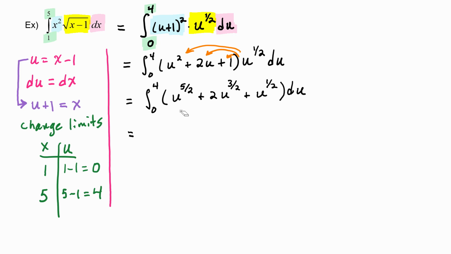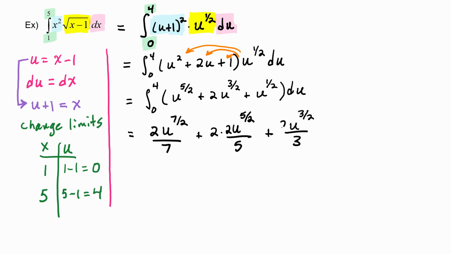So integrating u to the 5/2 du, we're going to get u to the 7/2 over 7/2, which is multiplying by 2/7, plus 2 times u to the 3/2 will integrate to u to the 5/2 over 5/2, which is multiplying by 2/5, plus u to the 1/2, which will integrate to u to the 3/2 over 3/2, which is multiplying by 2/3.